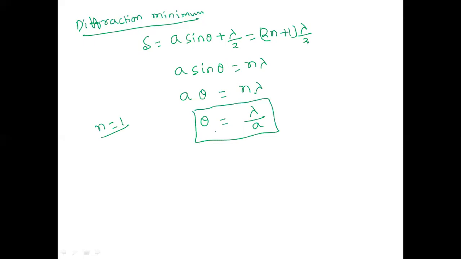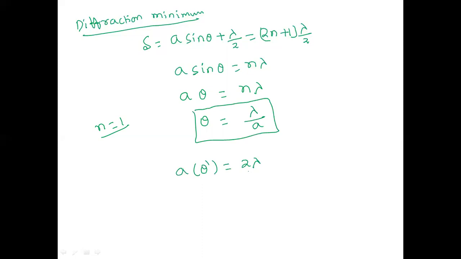This is for the first minimum. And for the second minimum, a into theta dash must be equal to 2 lambda.